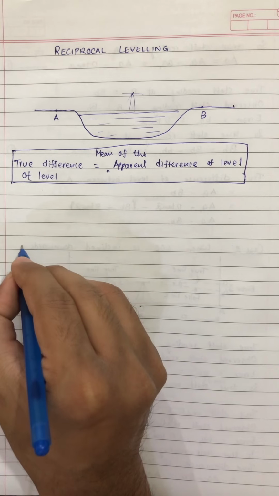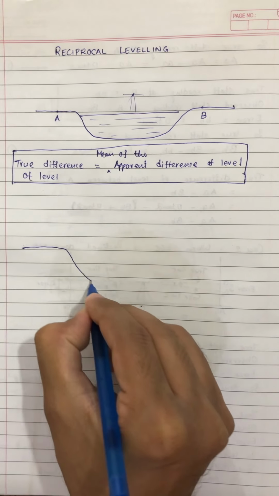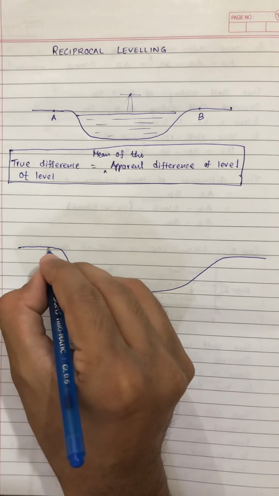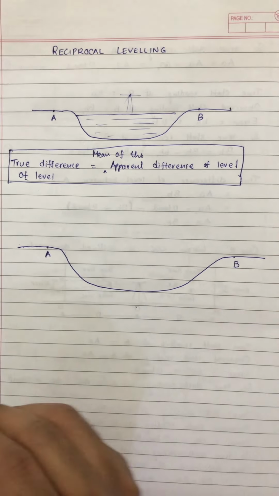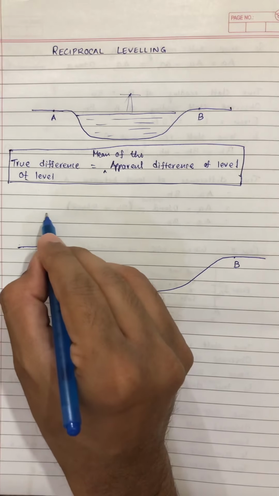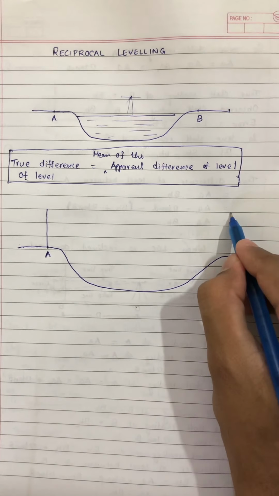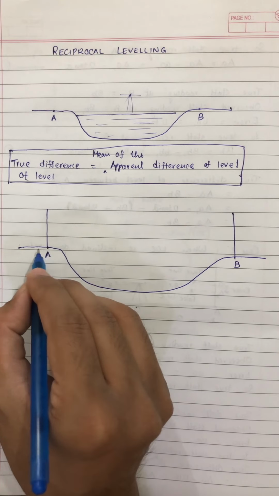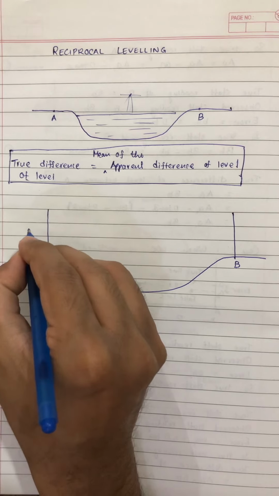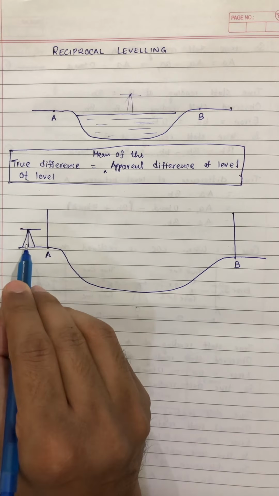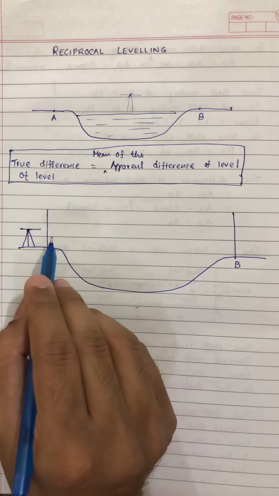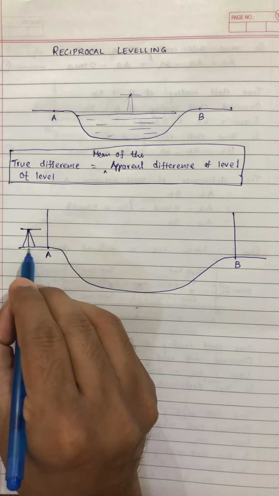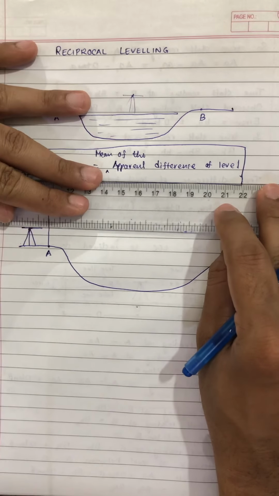Now suppose this is a river, and here these 2 points are there, point A and point B. One leveling staff is held at point A and another leveling staff is held at point B. This level instrument is set up very near to point A. And after proper temporary adjustments, the staff readings are taken.